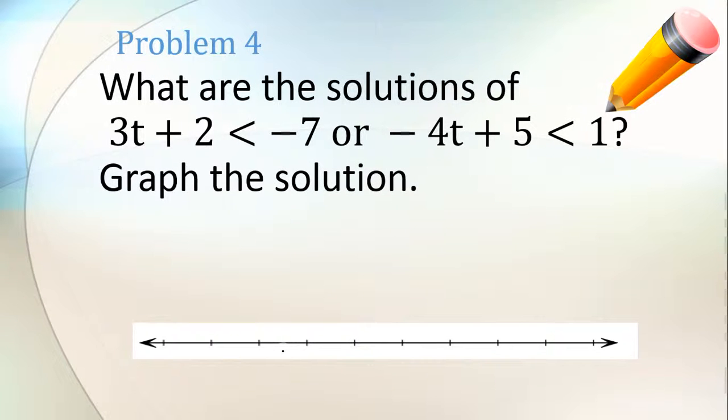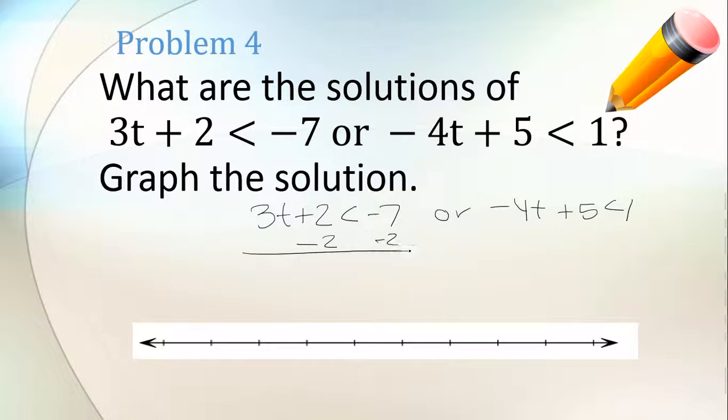Now, let's take a look at an OR inequality. So, OR is basically you have two different inequalities and you need to solve them together and then put them on the same graph. So I'm going to look at the left-hand one first. So I'm going to subtract 2. And I get 3t is less than -9. I'm going to divide by 3.